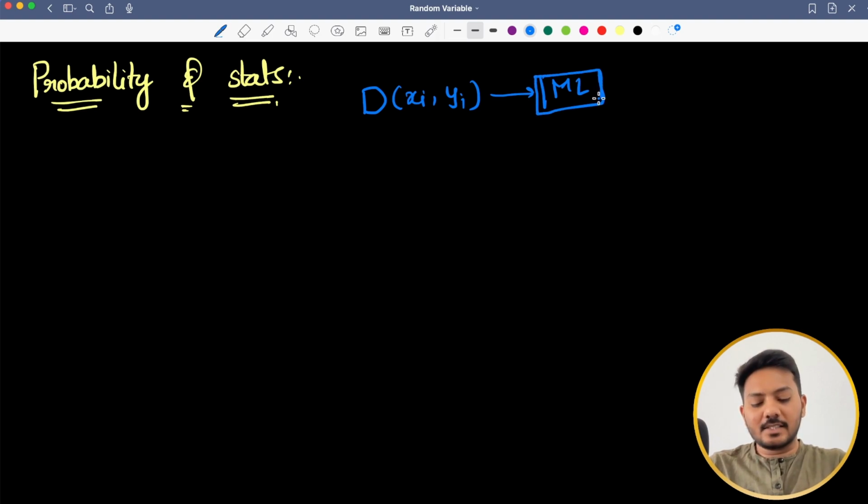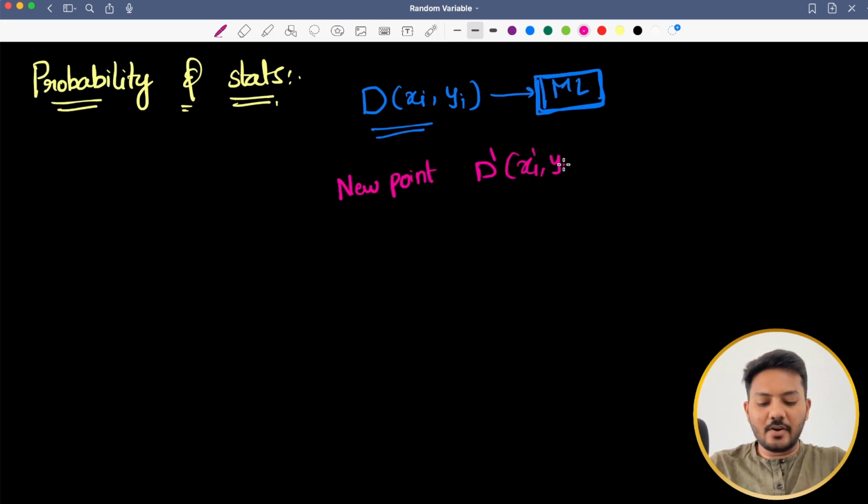We will understand how to train these models later on, but let's assume I have a data set and I have trained a machine learning model on it. Now when I have a new point, let's call it D dash, having x1 dash and y1 dash, I will pass it to this machine learning model and I will get y1 hat, which is the prediction, right?